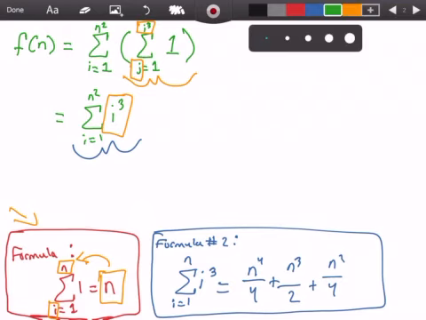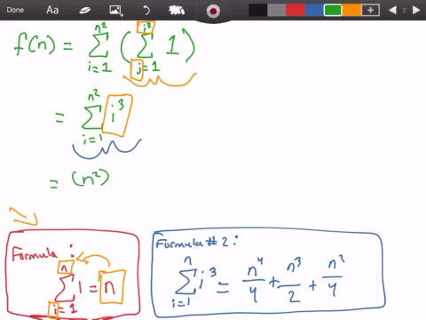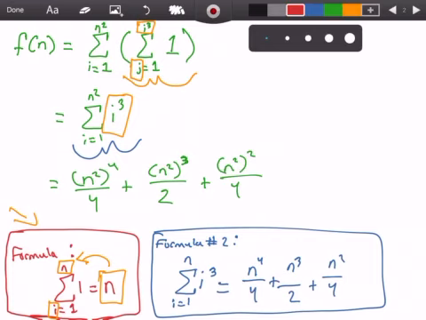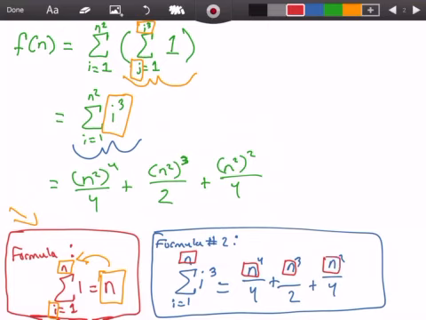Now let's rewrite our summation. Instead of n, we have n squared. So we're going to have n squared to the fourth divided by 4 plus n squared to the third divided by 2 plus n squared to the power of 2 divided by 4. All we did was replace the n variable in the formula with n squared.